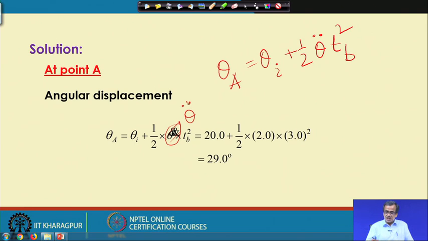This is similar to the equation you studied at school level: displacement S is nothing but u t plus half f t square.